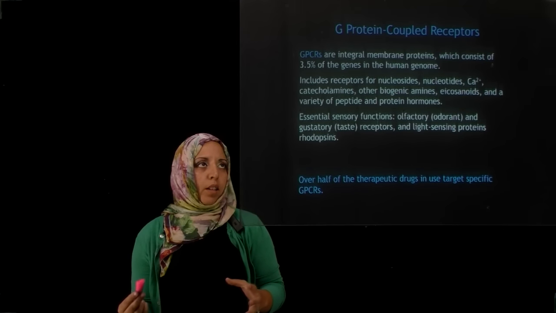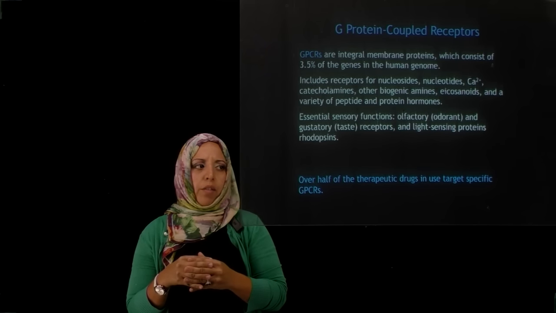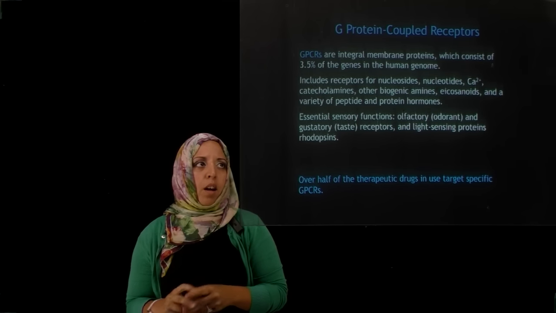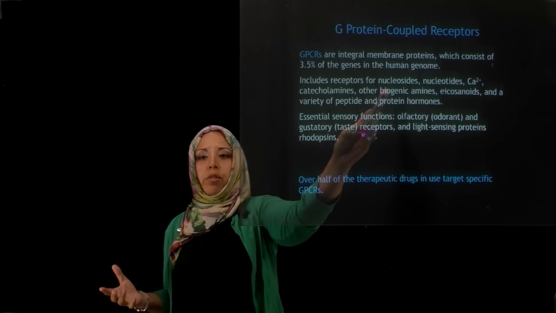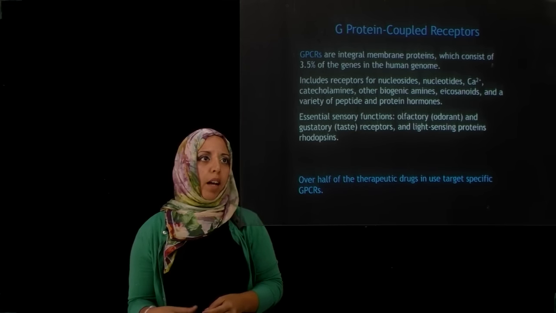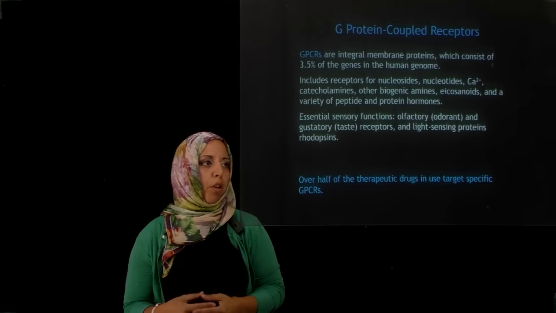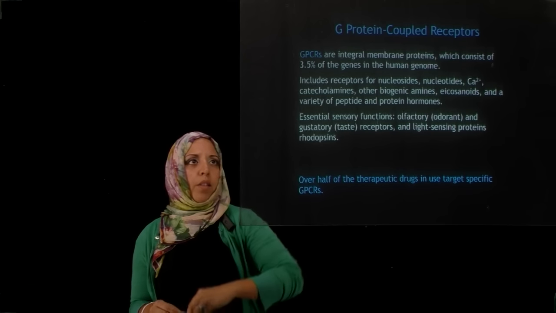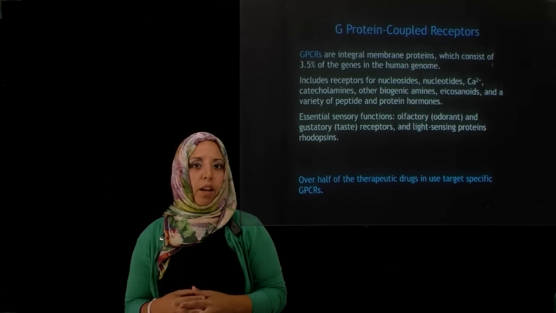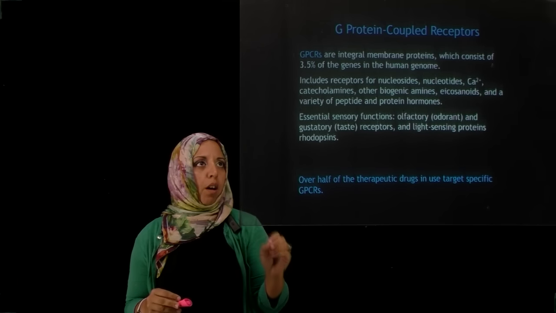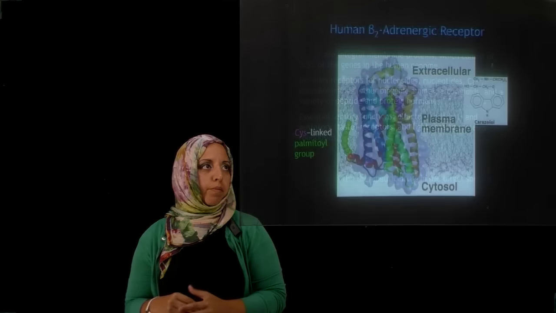Now we're going to take a look at G protein-coupled receptors, which are a target for therapeutic drugs. That's because they include a number of different receptors for nucleosides, for nucleotides, for calcium, and for a number of peptides and protein hormones as well. About 3.5% of the genes in humans are G protein-coupled receptors.